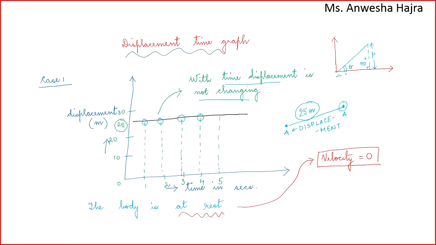This is called base. And this is called hypotenuse. Once again, P is my perpendicular. It is opposite to the angle. B is my base. H is my hypotenuse.